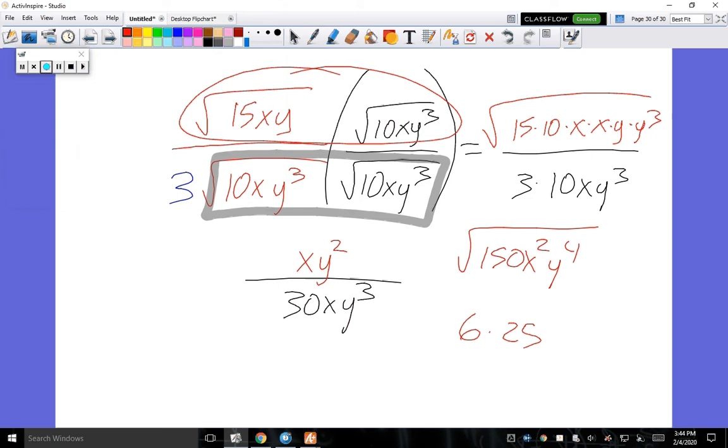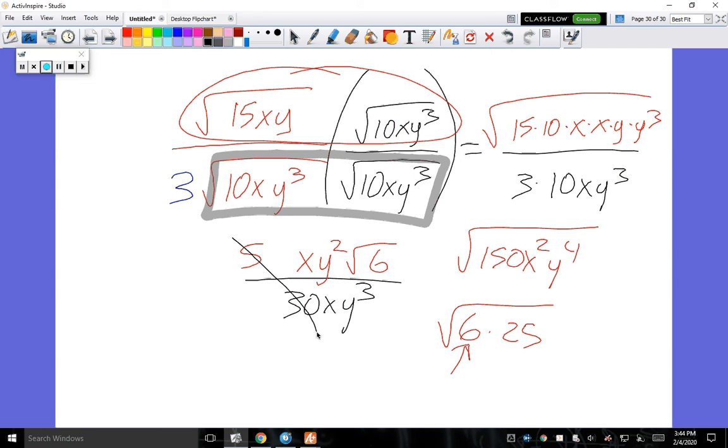6 quarters in your pocket is $1.50. Okay? So this 5 will come out because 25 square rooted is 5. Right? But the 6 stays in. So it'd just be 5x squared. We just have to reduce now, right?